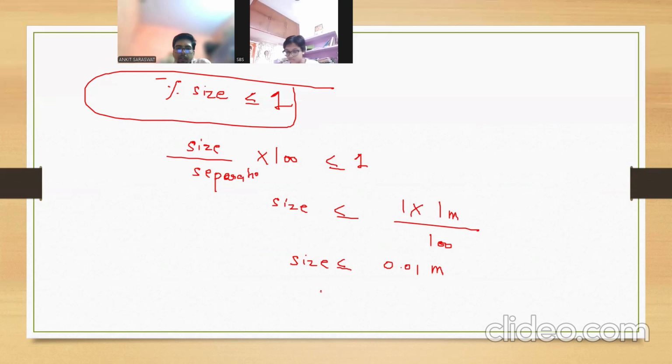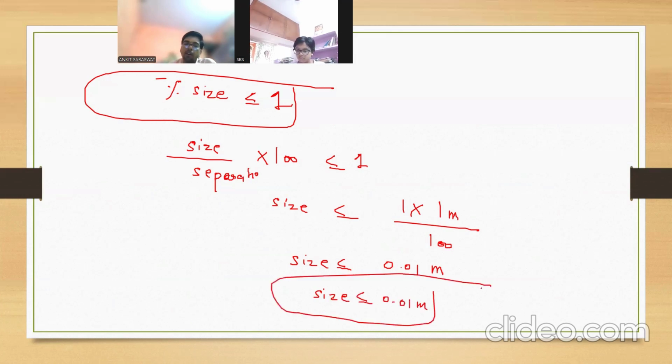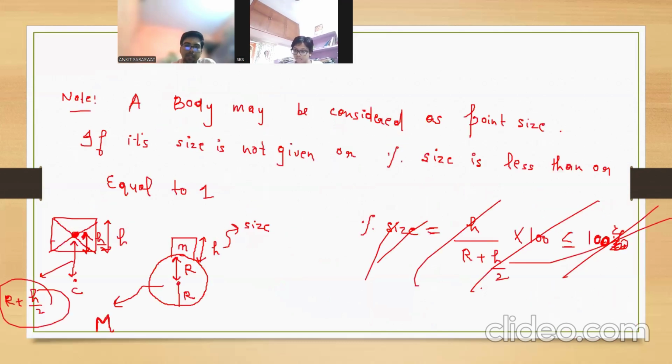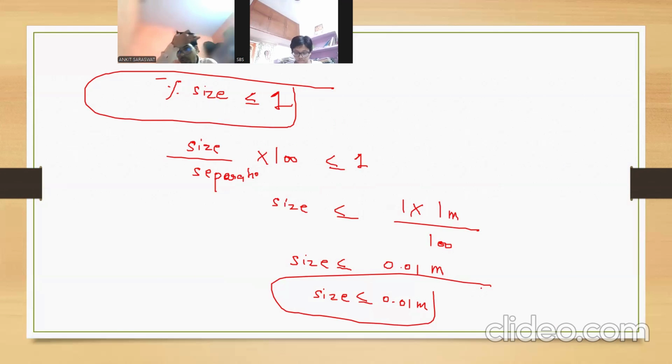If size is less than or equal to 0.01 meter, or we say 1 centimeter, then we say it is a point mass. Clear? In the previous case, is 10 centimeter less than that? No.